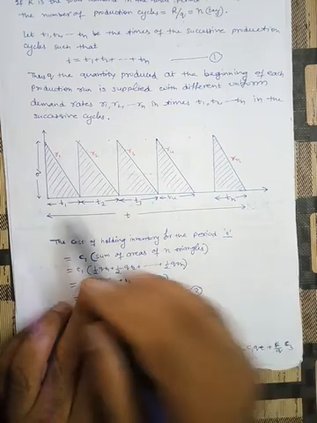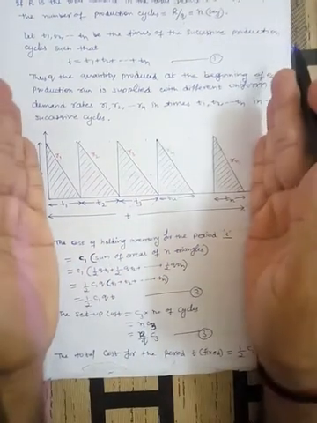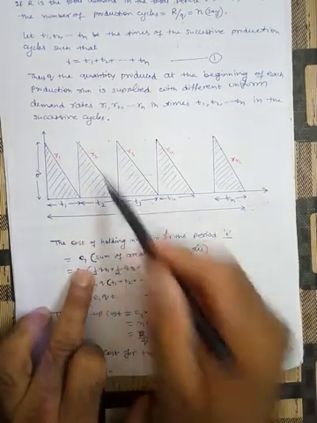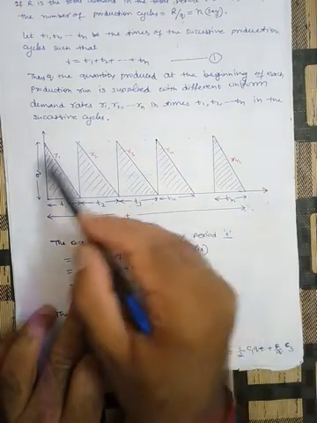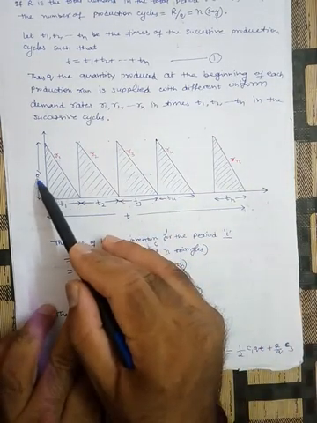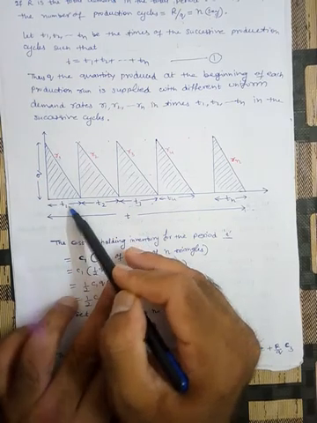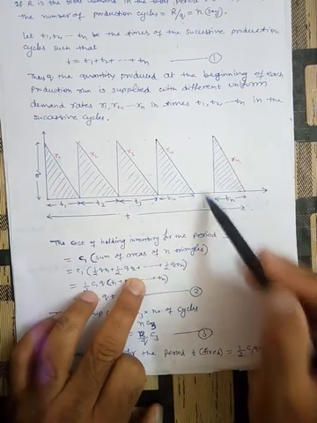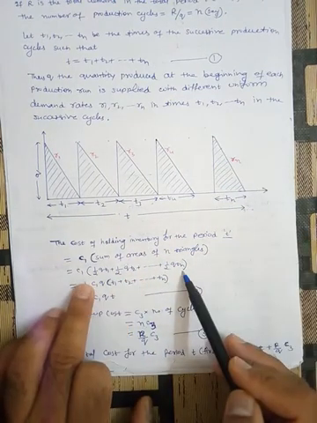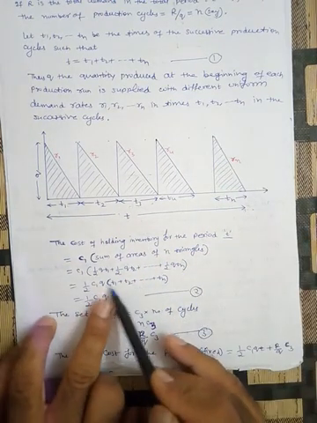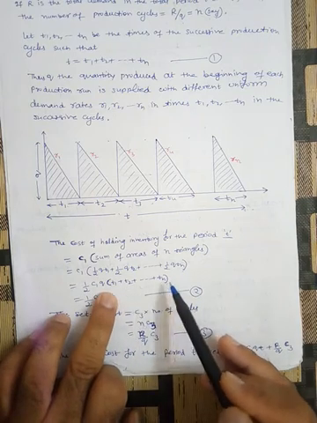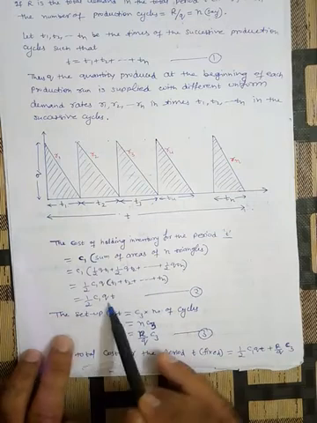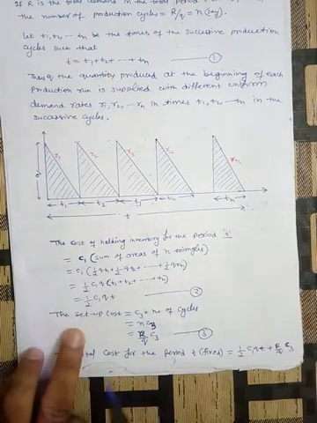So here period T is taken, that's why we take the holding cost in this duration. So C1 times the sum of areas of these triangles. What is the area of the first triangle? 1 by 2 QT1, plus 1 by 2 QT2, the second area, and so on, and the last area is 1 by 2 QTn. Take Q common, so C1 Q by 2 times T1 plus T2 plus Tn, but this sum is nothing but T. So this is replaced by T. So this is the holding cost in this period.